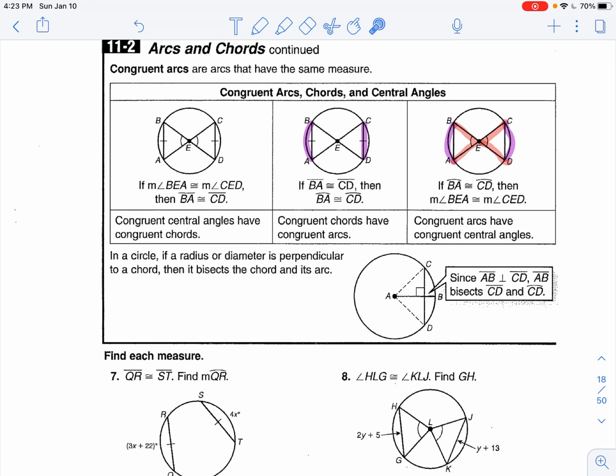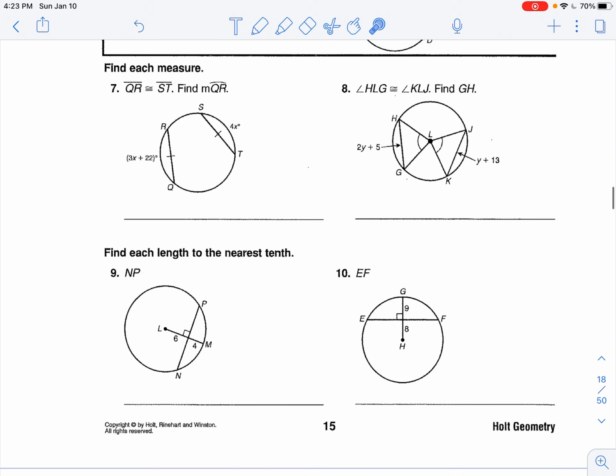Since AB is perpendicular to CD, and that's given right here with this little box, AB bisects CD and arc CD. So AB is going to bisect this chord and this arc.